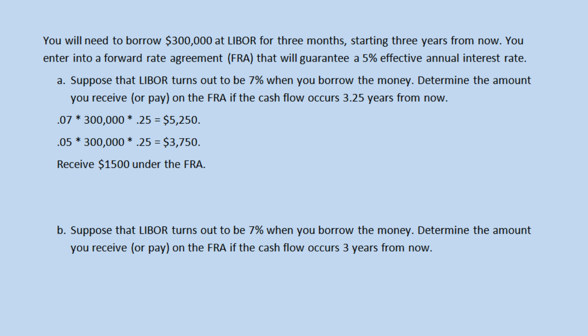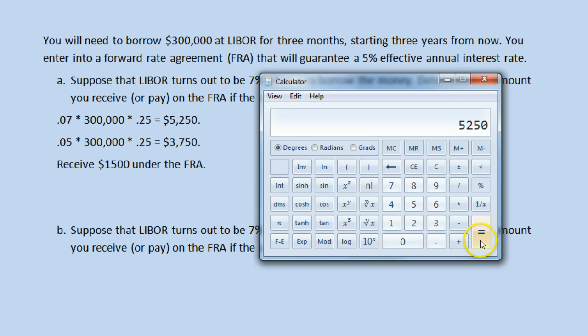So if we pull up the calculator here, the 2% times 300,000 times the quarter of a year gives you the $1,500 directly. The reason I like to do it the longer way here is that it makes it more clear whether you are receiving the payment in order to get you to the locked-in amount, or you have to make a payment to get you to the locked-in amount.